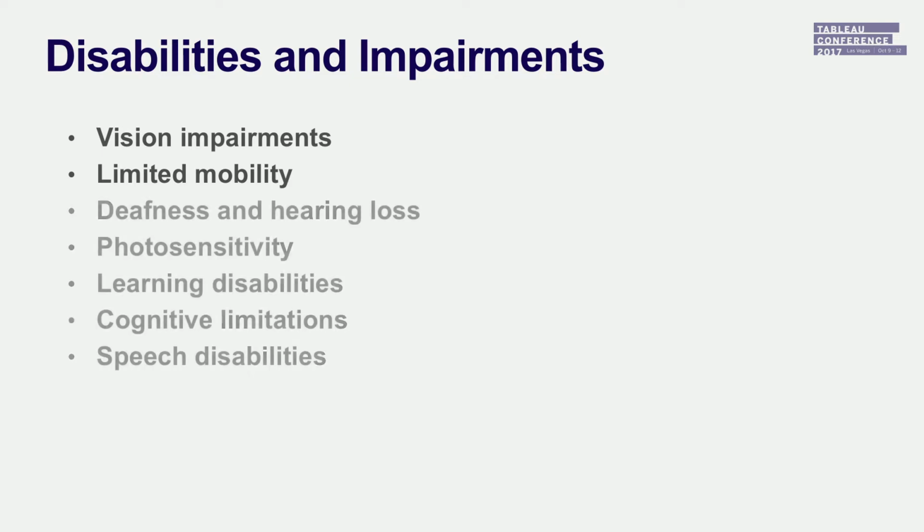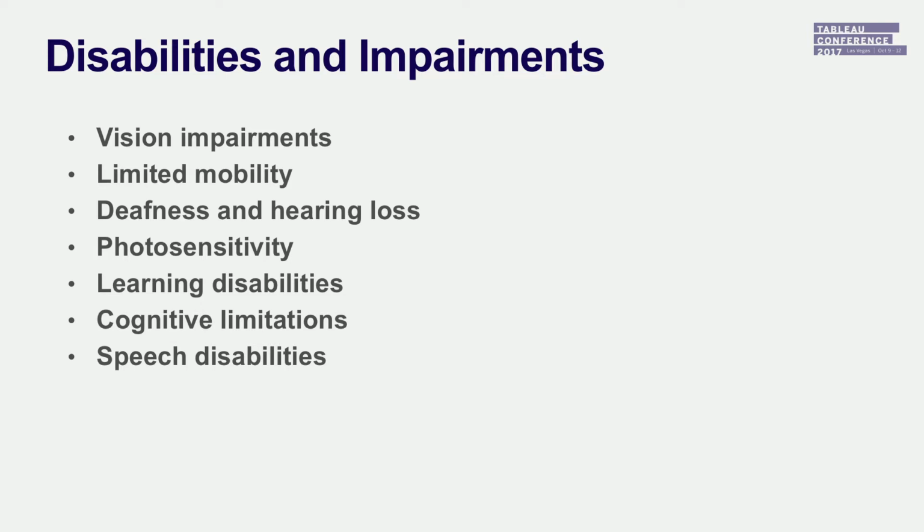It can affect your ability to see all the details on the screen, or even see the screen at all. Limited mobility will affect your ability to use a keyboard or a mouse to do precision work within the viz. But there are all these other disabilities as well that would affect our ability to use Tableau and the visualizations that we create.